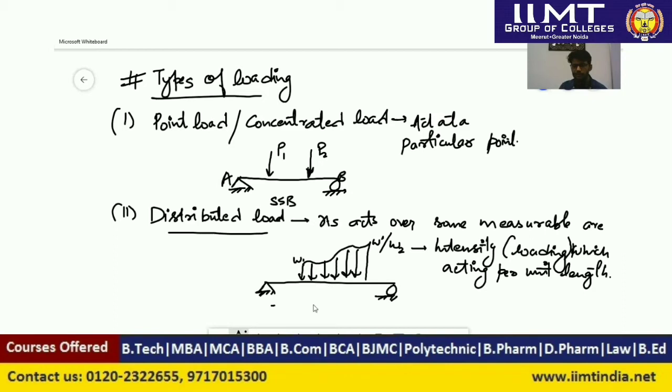If the length is L meter and this is A, then on the basis of these two measurable distances we can determine the intensity of loading acting on the simply supported beam. This is the second type of loading which acts on a structure; it acts over some measurable area.